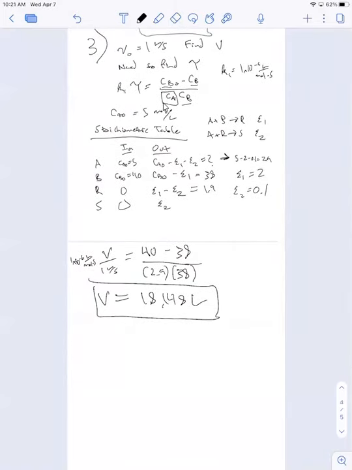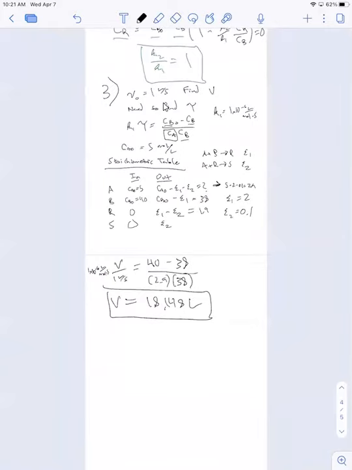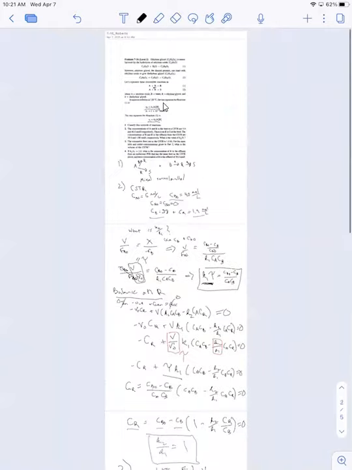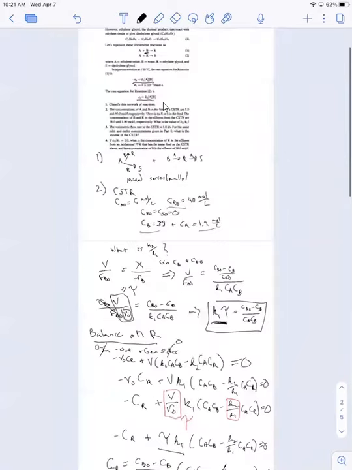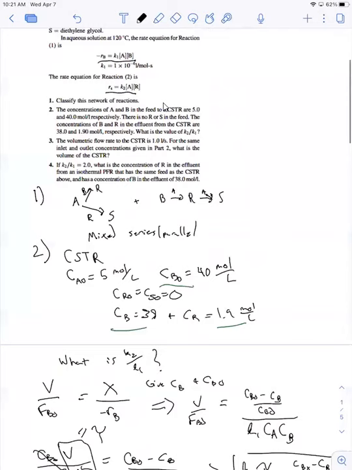All right, the next part of the problem says, if K2 over K1 equals 2, what is the concentration of R in the effluent from an isothermal PFR that has the same feed as the CSTR above and has the concentration of B in the effluent as 38?